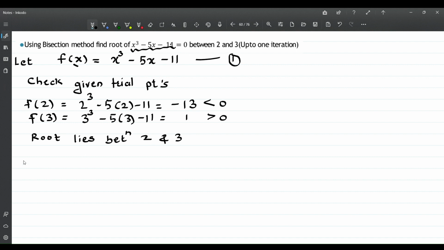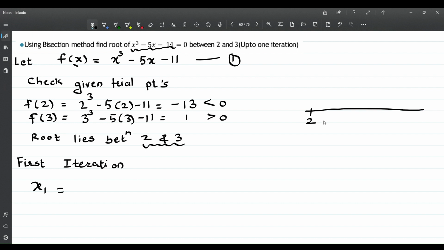Now, next we have to solve the first iteration also here. First iteration means find the value of x1. The formula for x1 is the addition of these 2 points, divided by 2. Our two trial points are 2 and 3.